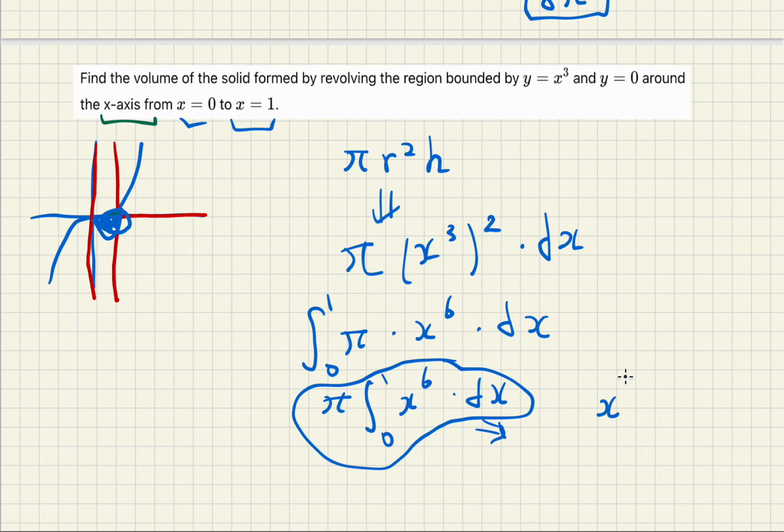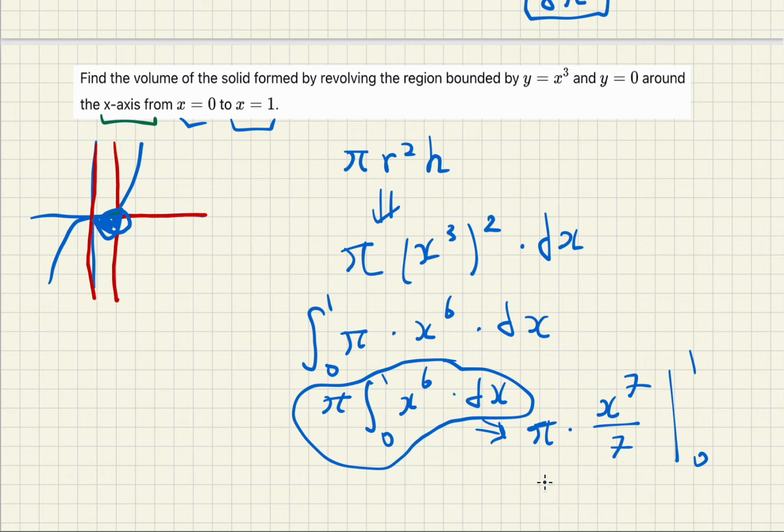So we use the power rule to get x to the power of 7 over 7, evaluated from 0 to 1 times pi. And don't forget the pi, which is outside the integral sign. So 1 to the power of 7 is 1, over 7 is 1 over 7, minus 0 to the power of 7, which is 0. 0 over 7 is 0, so 1 over 7.